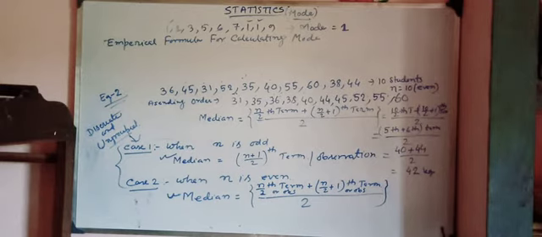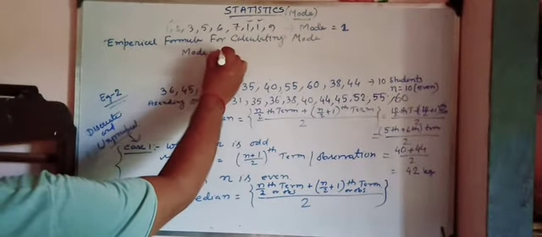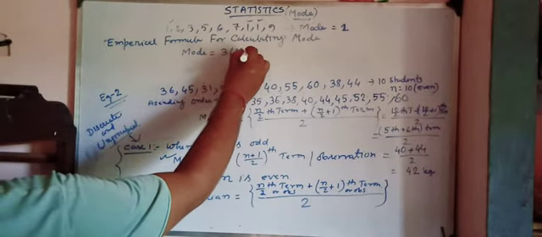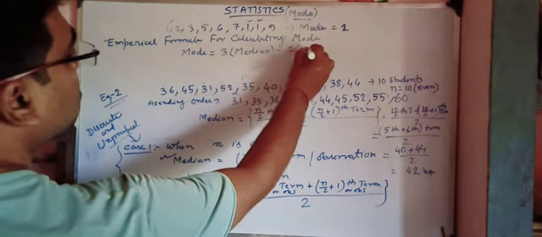Mode is equal to 3 into median minus 2 into mean. That is my formula.